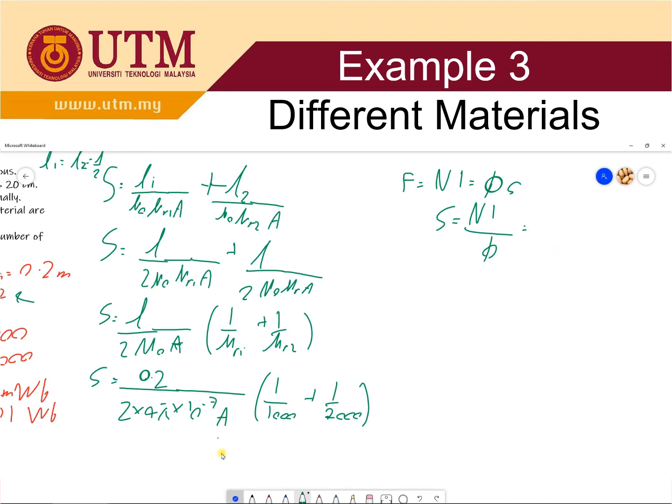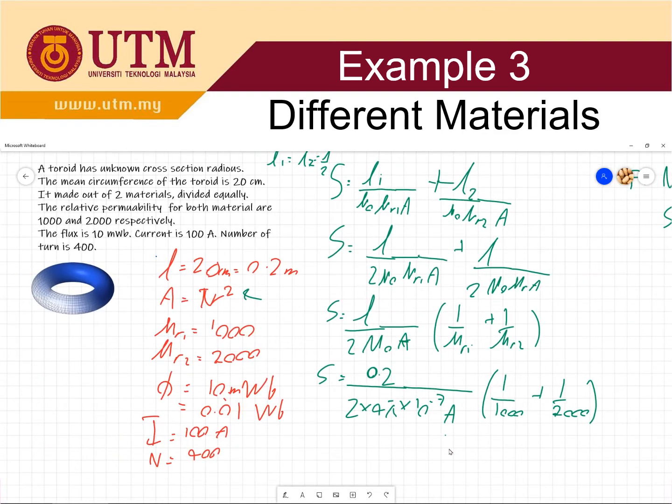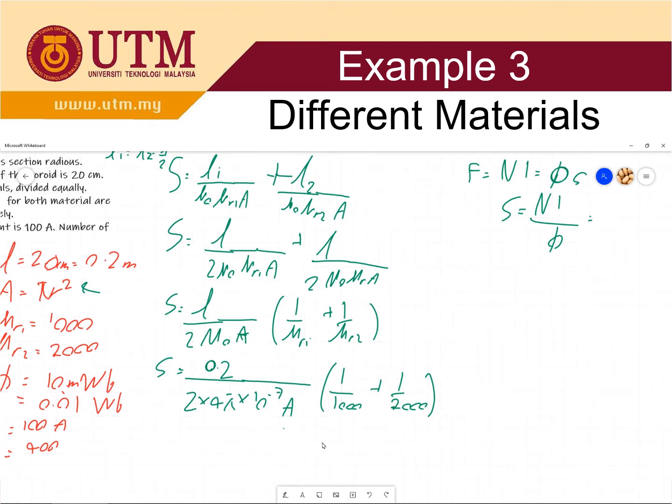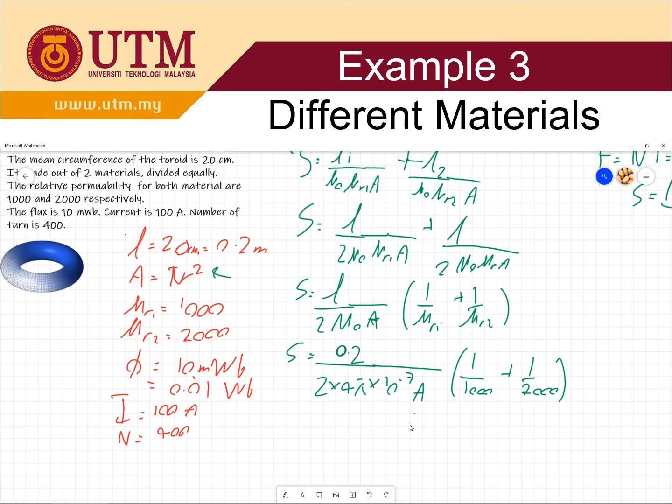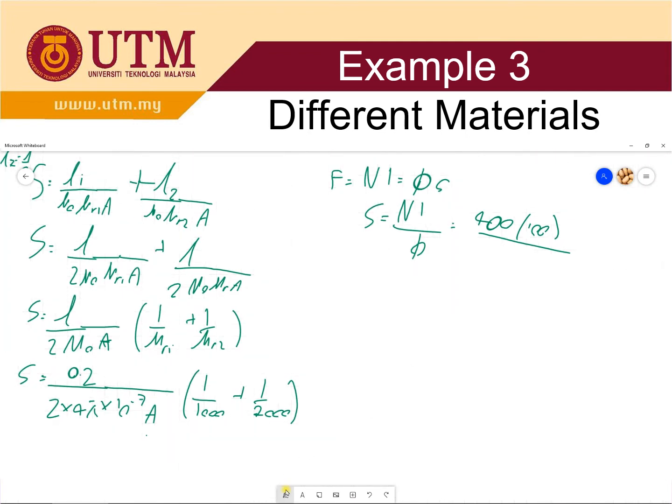N is 400, I is 100, divided by 10 milliweber, 0.01. So S is basically 4 multiplied by 10 to the 6, ampere turn per Weber.